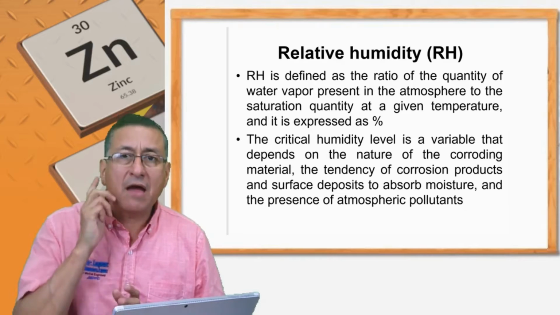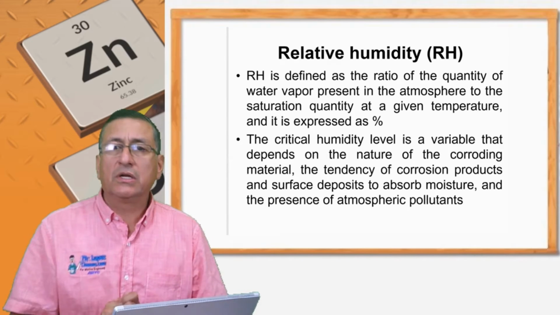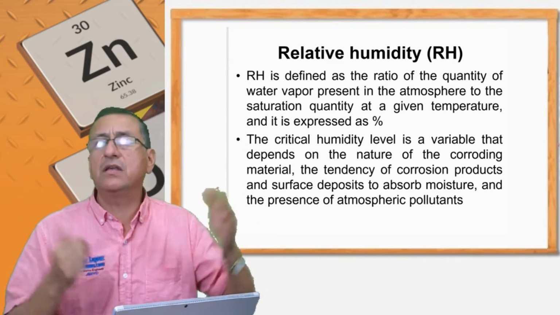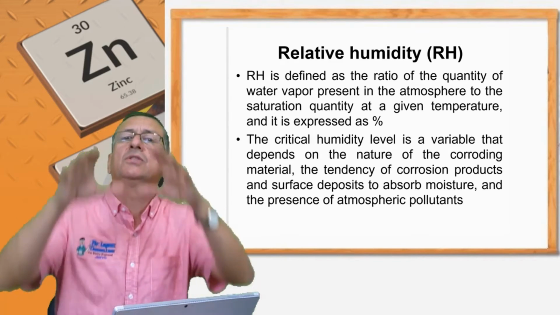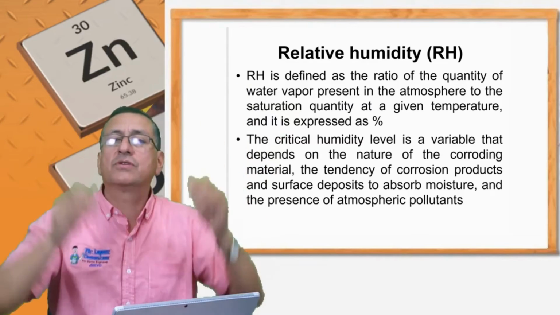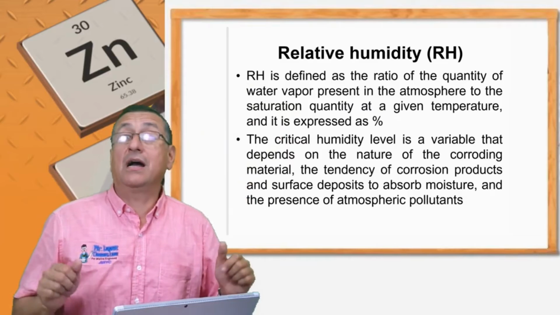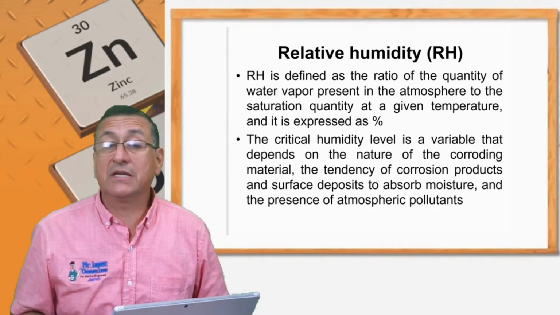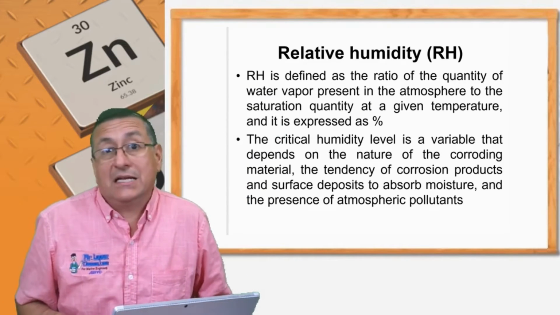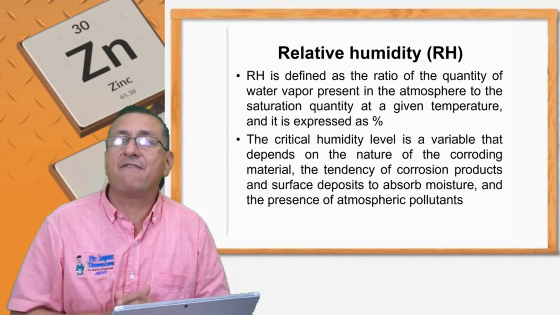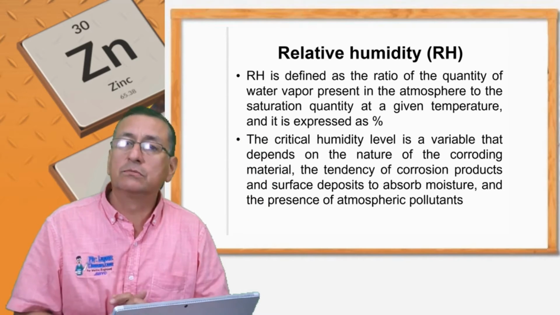We hear every day on the news, oh, the relative humidity today is 80%. It is with respect to the total concentration. A relative humidity of 90% is practically saturated the environment with moisture.